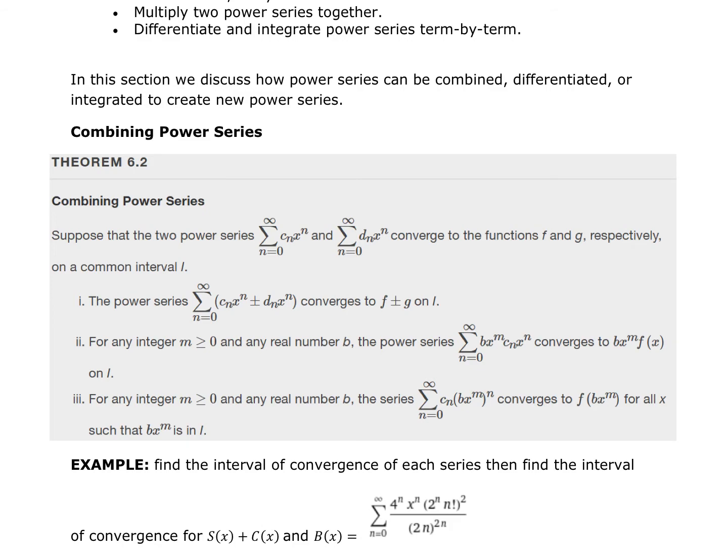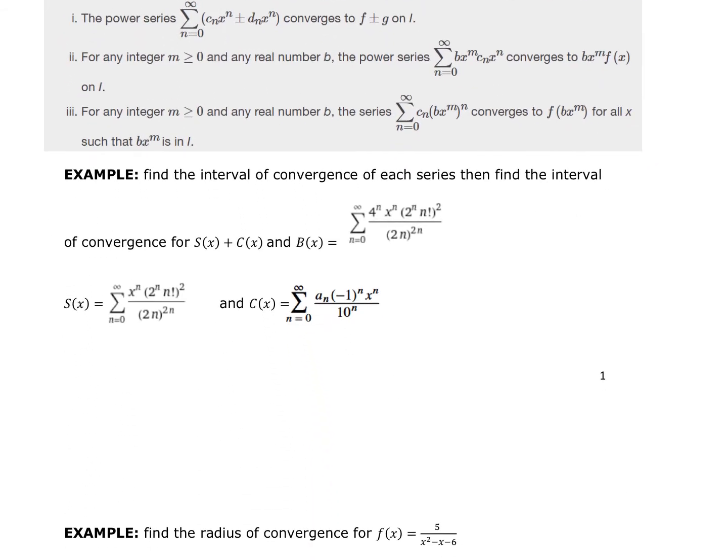So we want to find the interval of convergence for each of the power series, and then find the interval of convergence for s of x plus c of x. Here c of x is given as the summation from n equals 0 to infinity of 4 to the n, x to the n, 2 to the n n factorial squared over 2 to the n raised to the 2n.